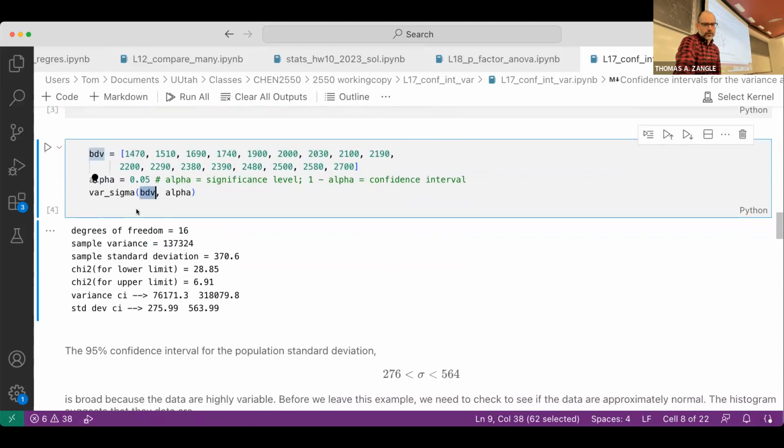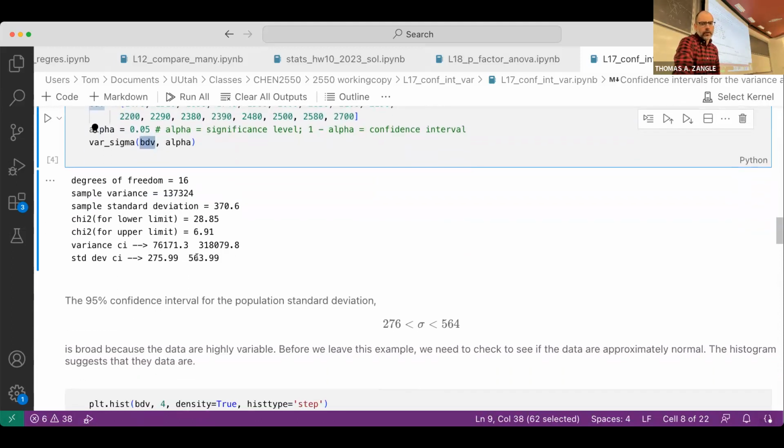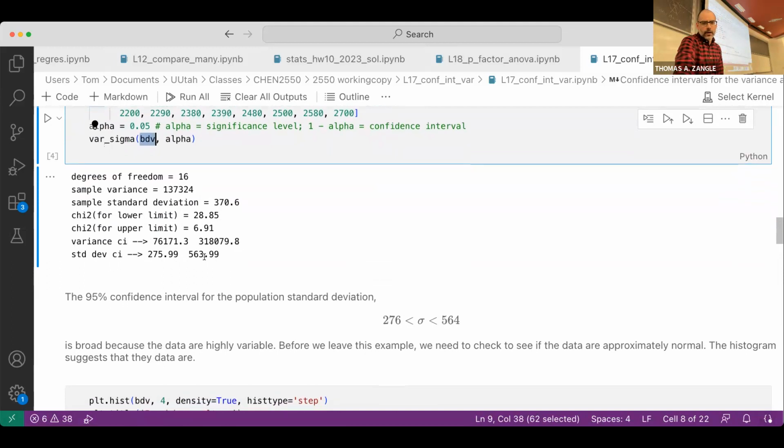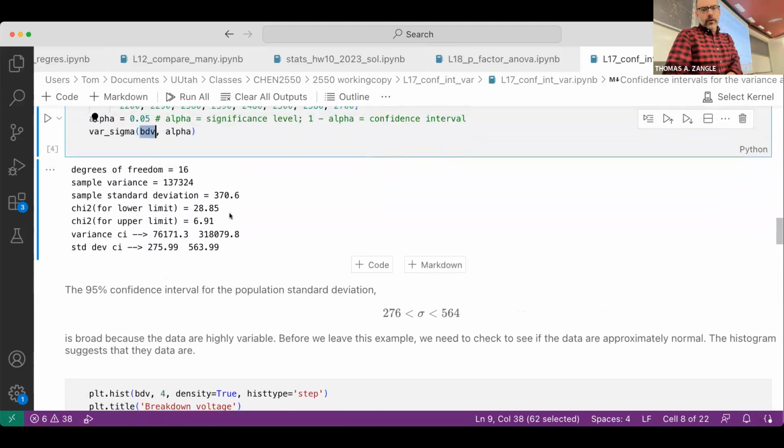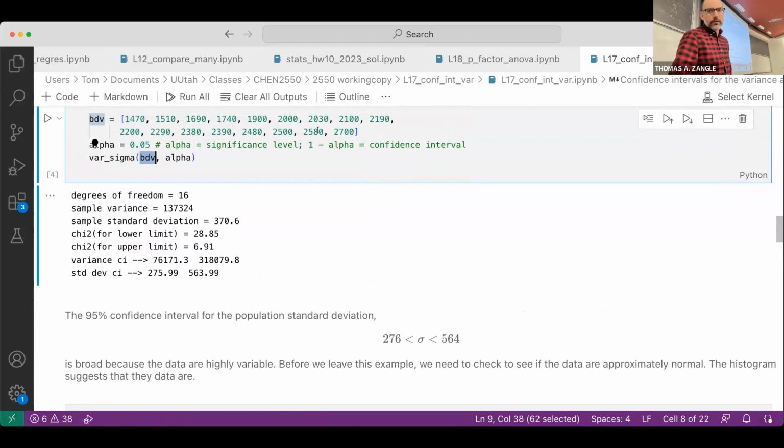When we run that function, we end up with our confidence interval for the population between 276 and 564. We can see that this is fairly broad because we had a highly variable data set. If we look at the data here, it ranges pretty widely from value to value.